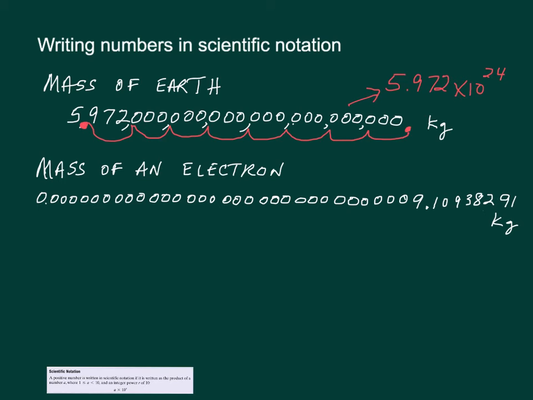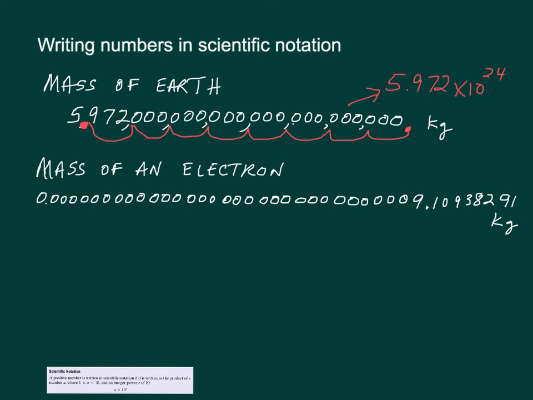Well, this is hard enough to read, but how many places would we have to move? Pretend this decimal right here is not there, because you can't have two decimals. I made a mistake.